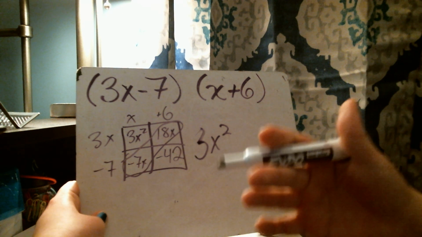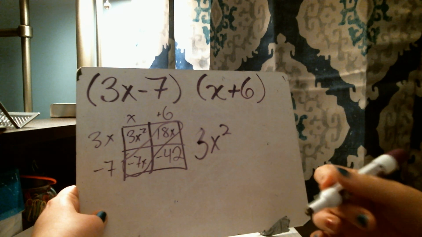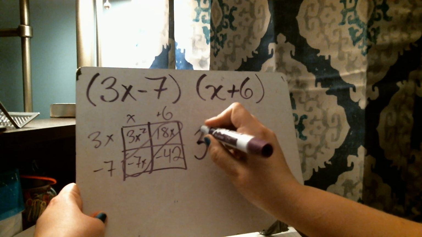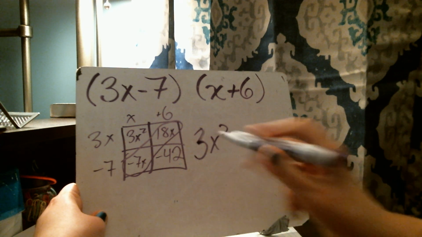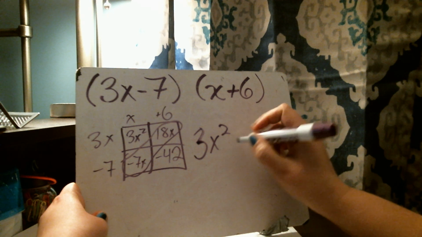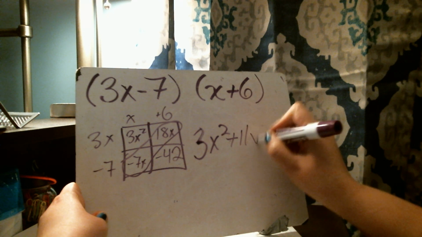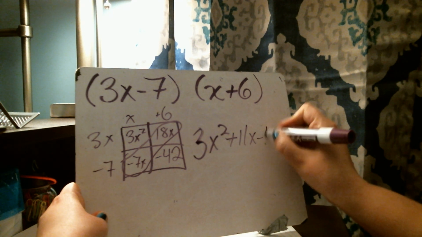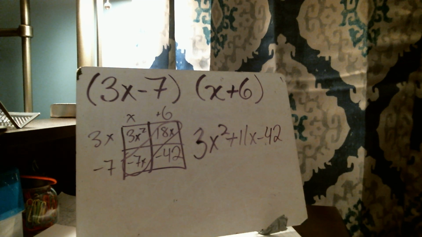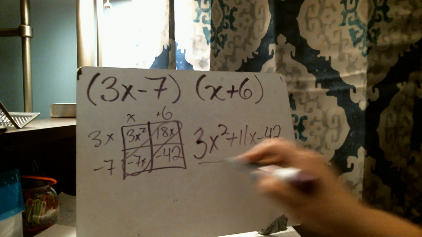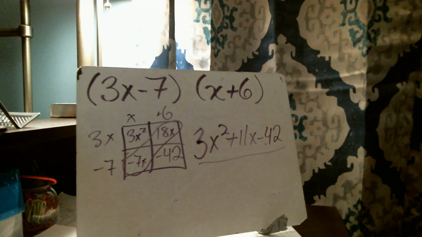And we can think about it that way without having to have the strict order that the FOIL method kind of leaves us with. So there's fluidity here. Anyway, 18 minus 7 is positive 11x, and then minus 42. And that's really it. Just leave your answer like that, because there's nothing else that we know to do with it yet.